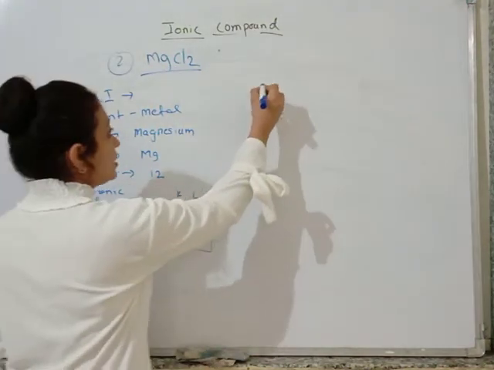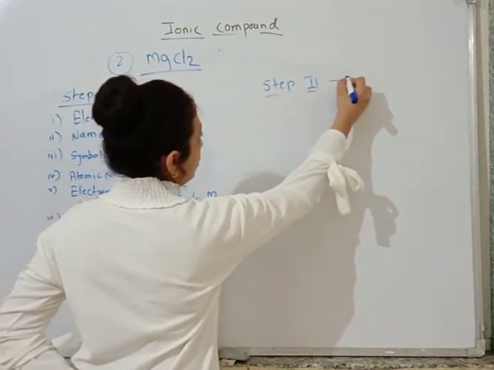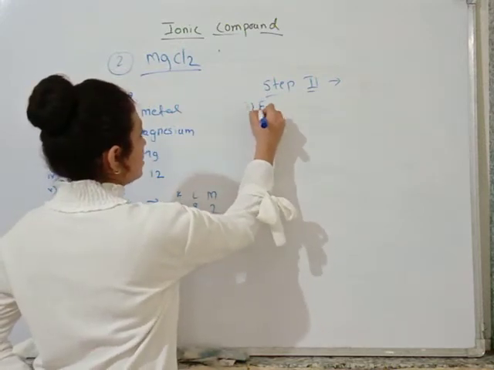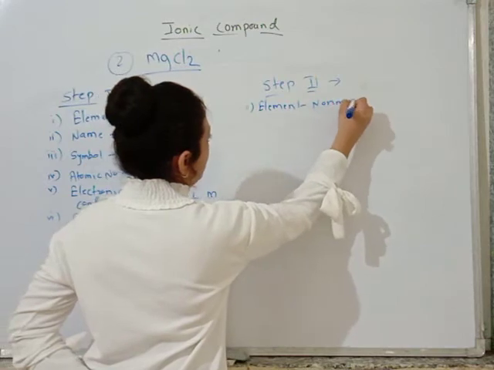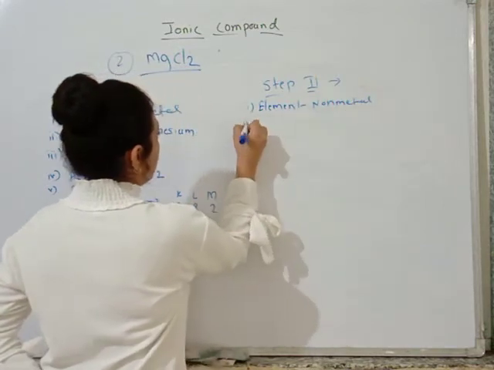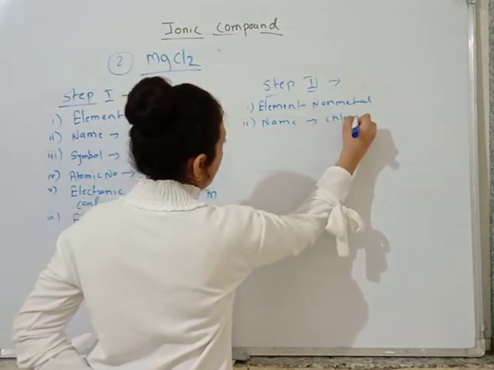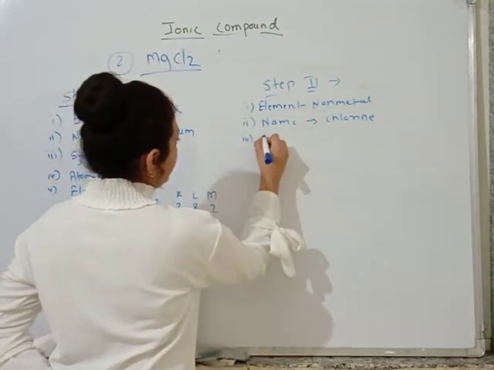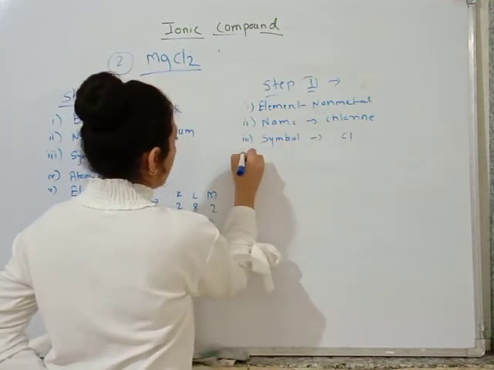Now we will carry out the step 2, which we have already done for the chlorine. So what is the element? Element is non-metal. Its name is chlorine. Its symbol is Cl.